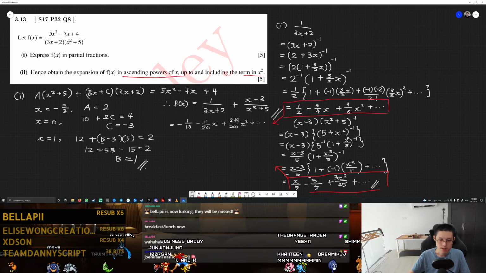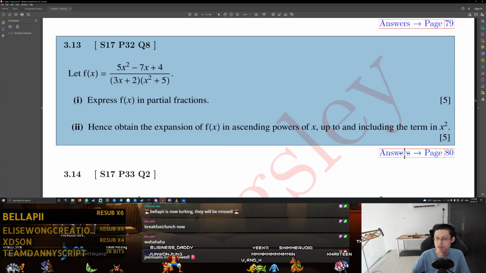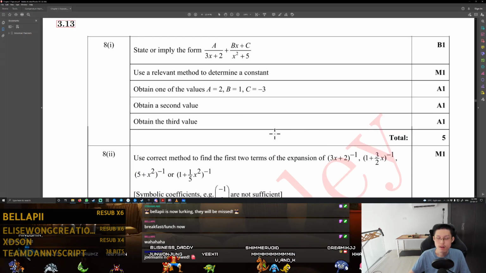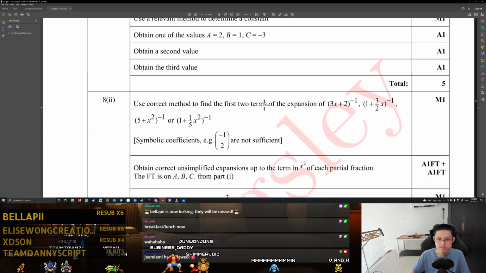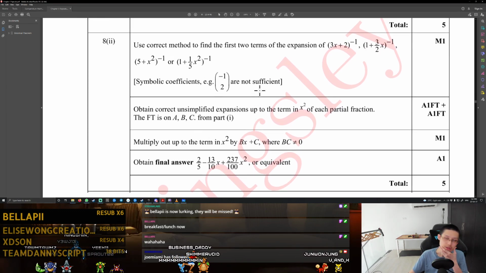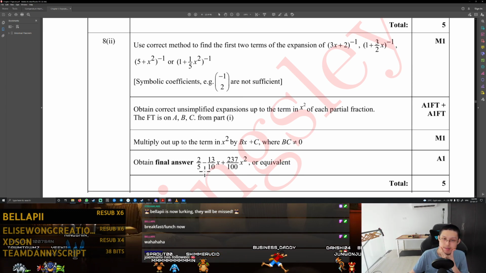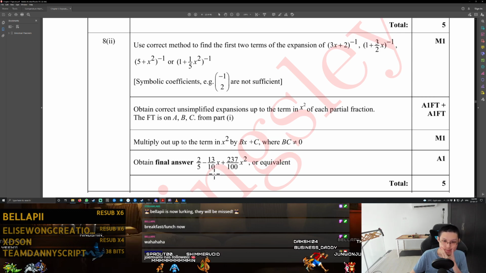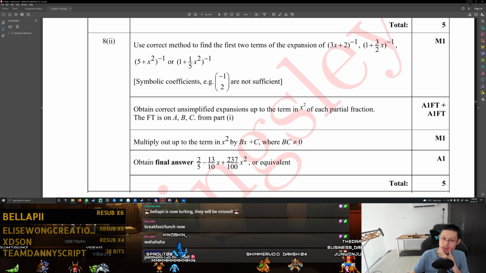Let me just make sure I got the expansion right and check the answer. 2, 1 minus 3, okay. Seems like I might have messed up the expansion a bit. I should get 2 over 5 for the first one, then negative 13 over 10.